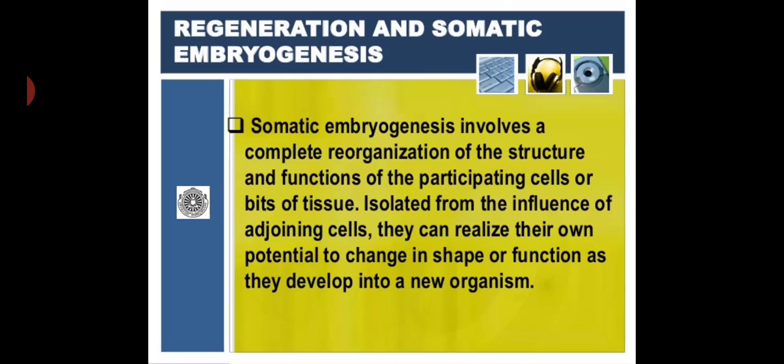Somatic embryogenesis involves a complete reorganization of the structure and functions of the participating cells or bits of tissues. Isolated from the influence of adjoining cells, they can realize their own potential to change in shape or function as they develop into a new organism.